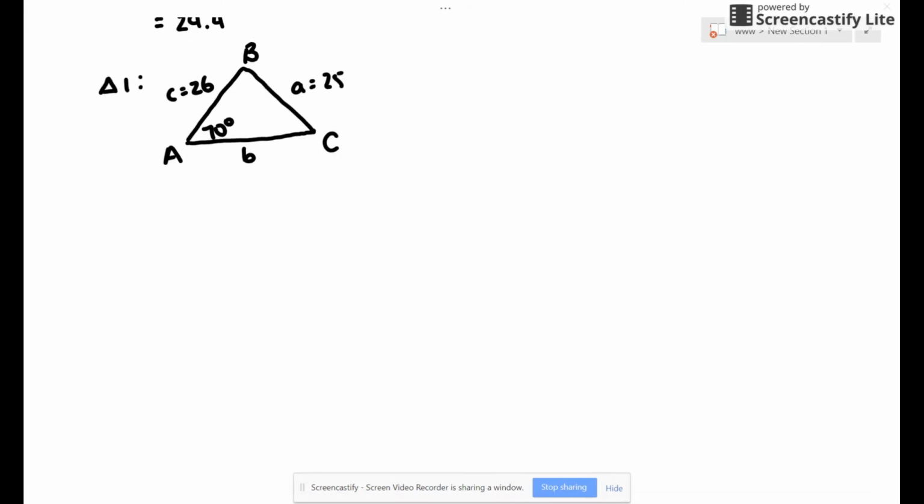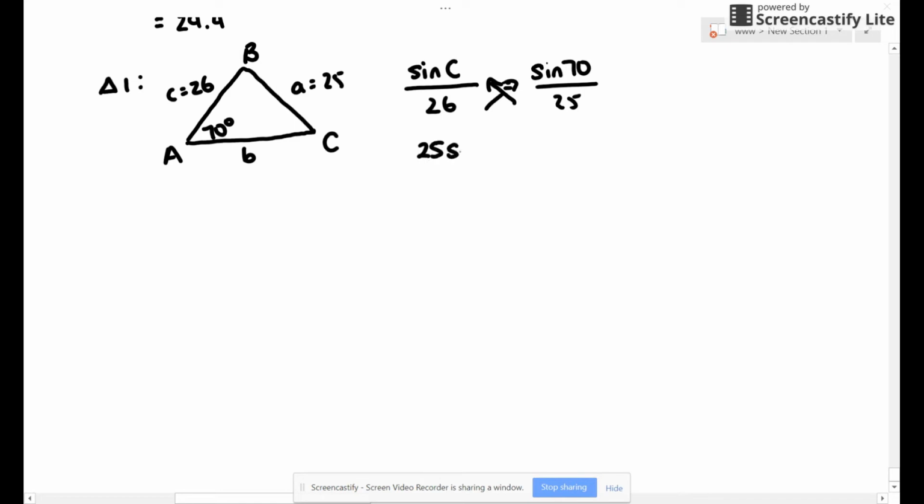And so now we're going to solve this triangle. The first thing that I'm going to start off solving for is angle C. So we're going to do sine C over 26 equals sine 70 over 25. In order to solve this, we're going to cross multiply, so I get 25 sine C equals 26 sine 70.